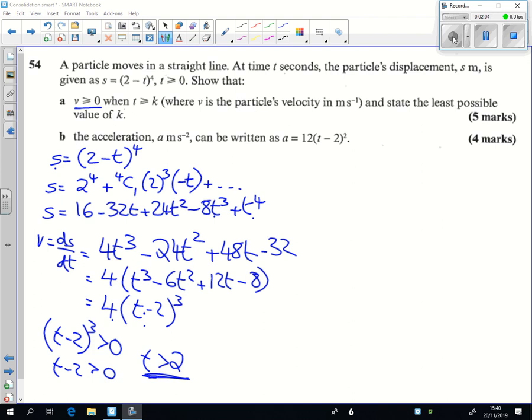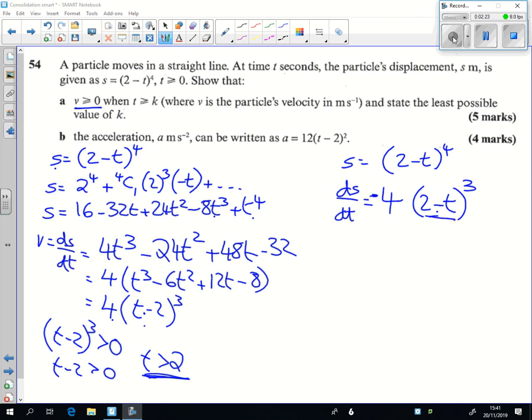Second year way of doing it, though, would be that you can now actually differentiate this, can't you? So I can go straight into ds by dt equals, the bracket stays the same, we times by the power, and we also times by what this differentiates to give, so I get a minus 4 in there.